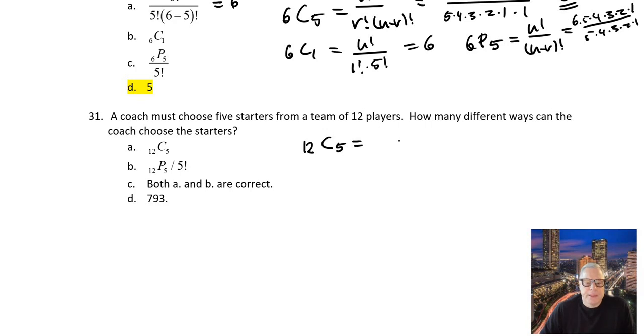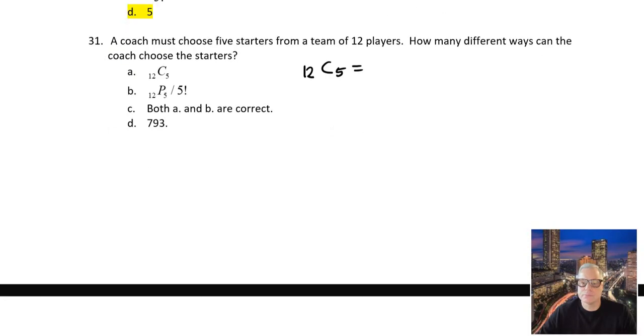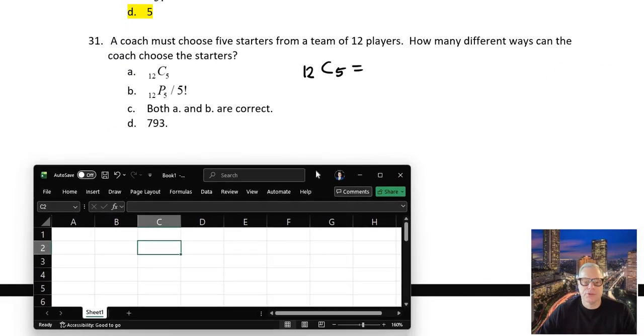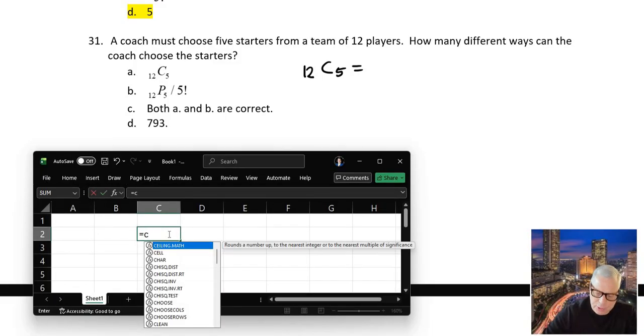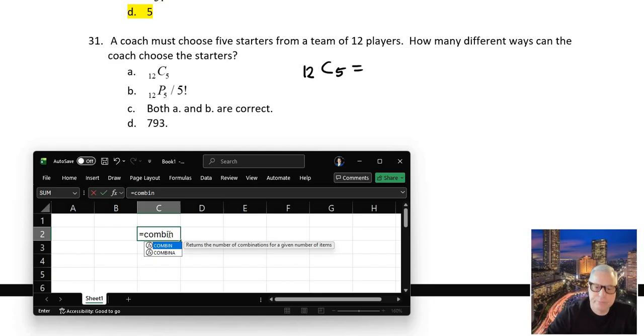So that is definitely the correct answer, and I'll just do that quickly now in Excel. So the correct answer should be equals COMBIN, from 12, choose 5.